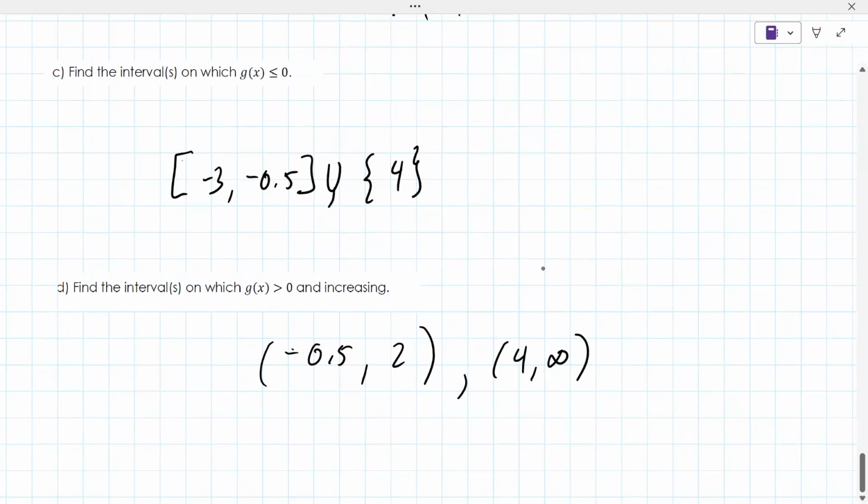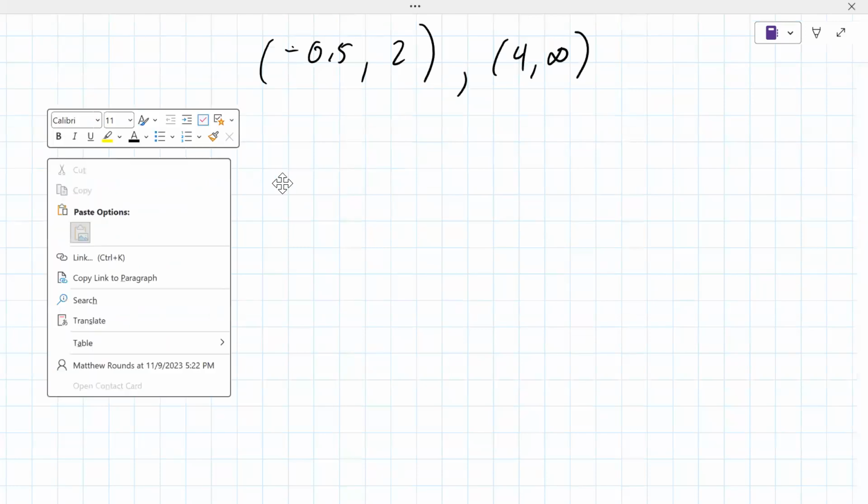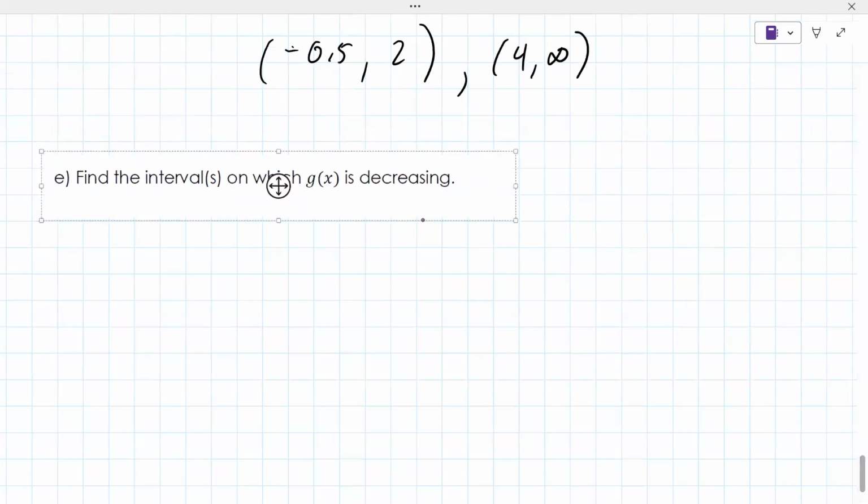All right. And then find the intervals on which g of x is decreasing. Okay, that means it's going down and to the right. So that's -infinity to, oh yeah, you find the minimum now.